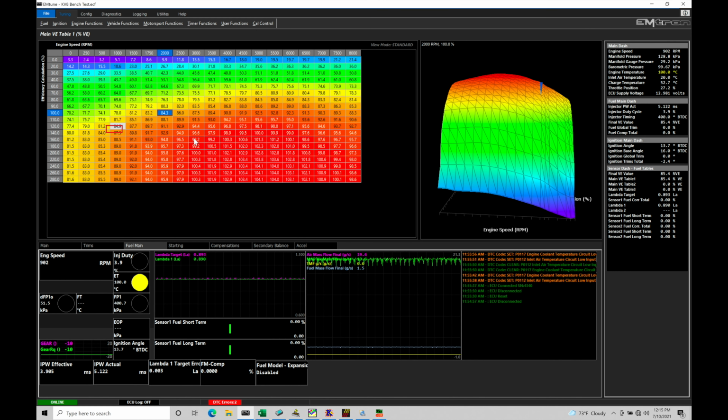Instead of going through that exercise of trying to estimate the air mass at given load or RPM points, we'll directly measure it, and we'll skip going through this three-dimensional calibration process that is quite time-consuming in order to make an engine run properly. So the mass airflow sensor will save a lot of time and setup in getting an engine up and running and tuning. Now, the advantage of working with a mass airflow sensor is we're directly measuring the airflow, which saves on tuning time.